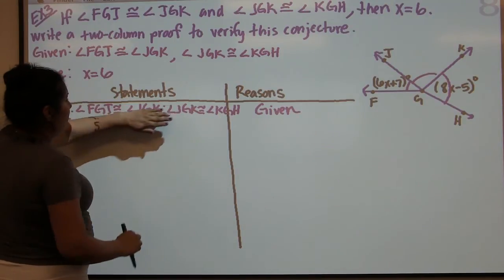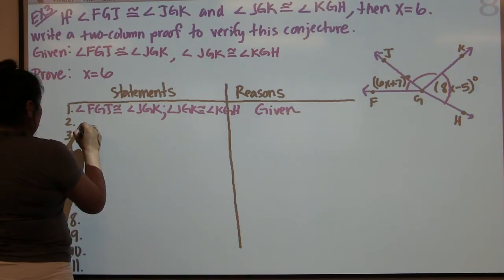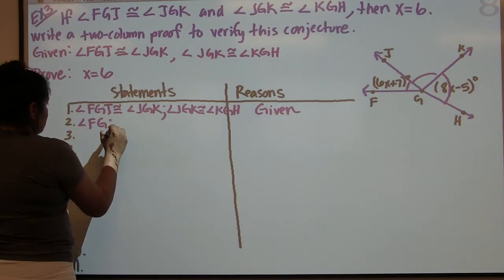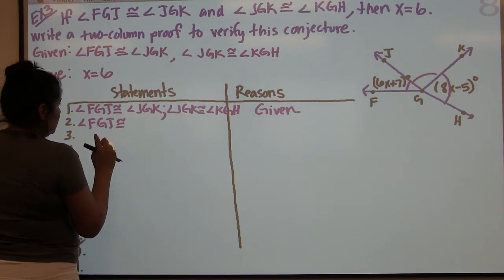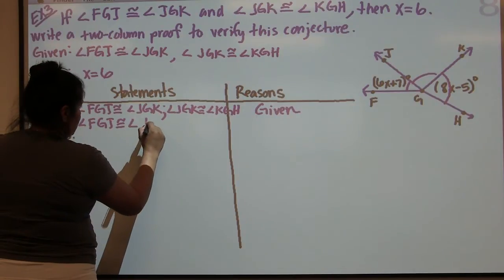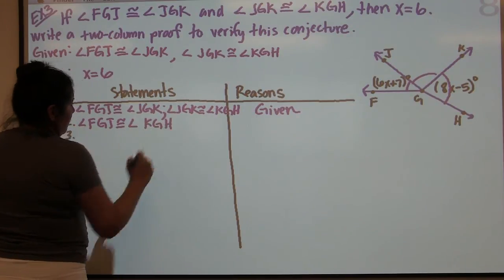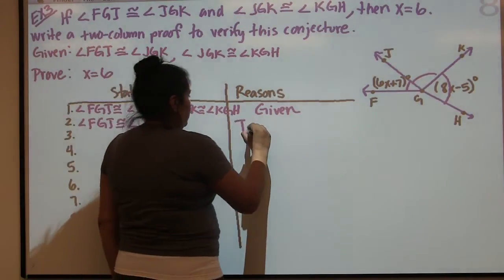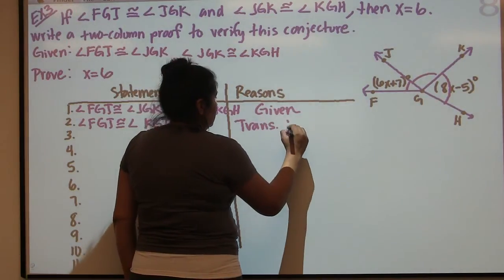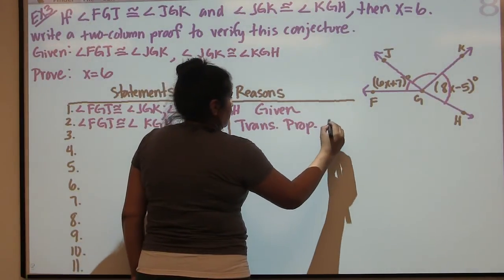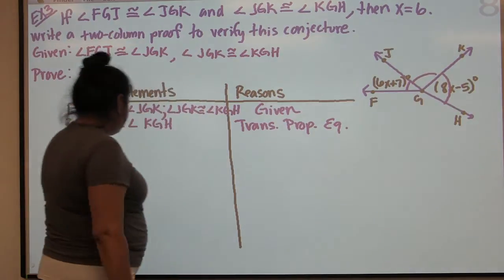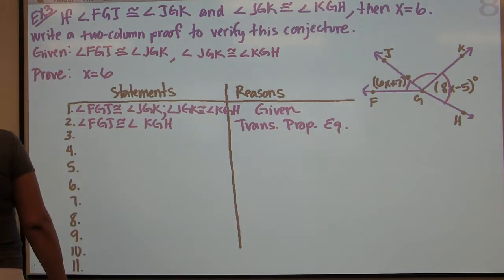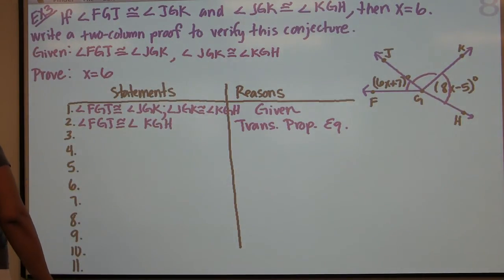So we can get rid of the middleman, and we can say that angle FGJ is congruent to angle KGH. And that is transitive property of equality. Trans-prop equality.